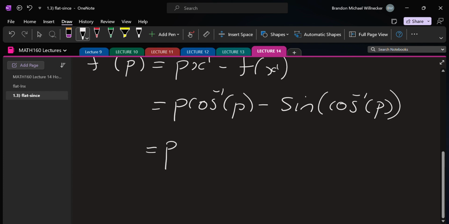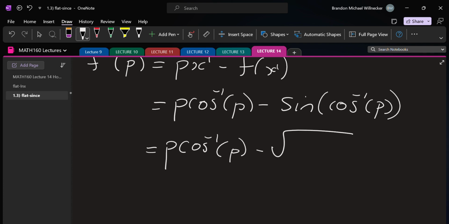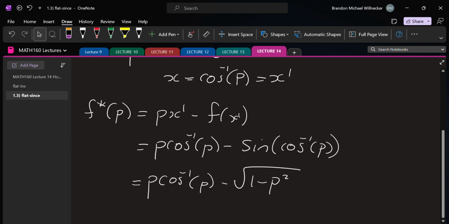Now you could leave it like this, or you could simplify. You could write this as p cos inverse p minus the root of 1 minus p squared. Okay, who got this one? 1, 2, okay, 2.